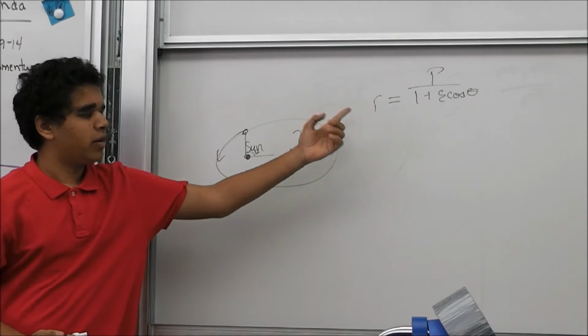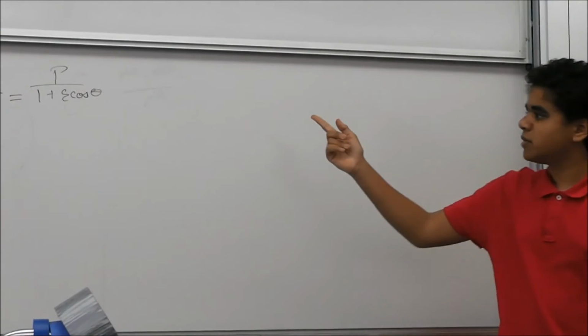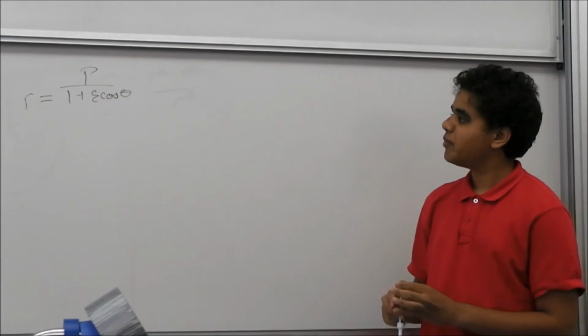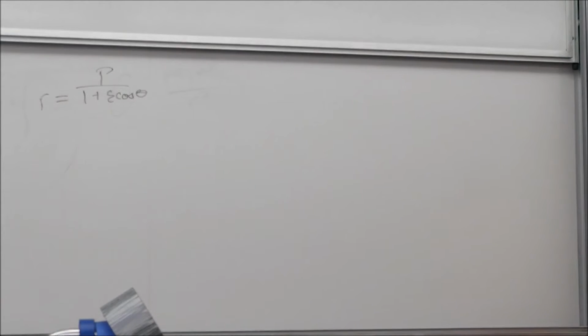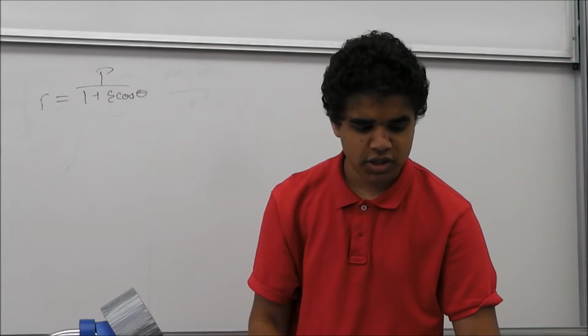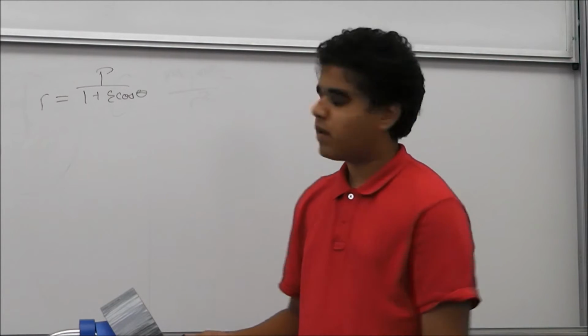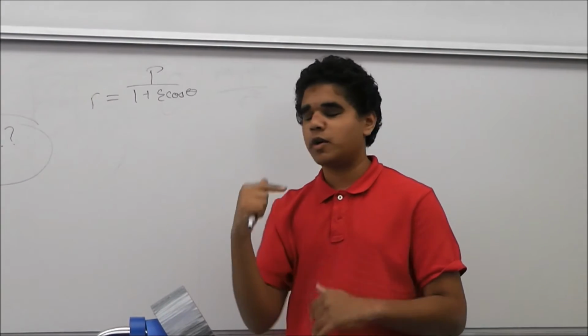This is like polar form, if you're familiar with it, if you've taken math analysis. There are a few interesting properties of this type of construction. As you can see, cosine is between -1 and 1.